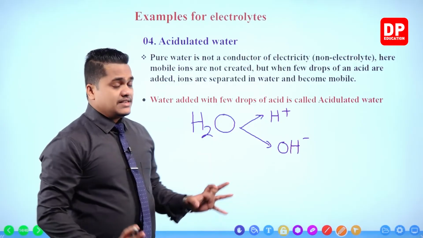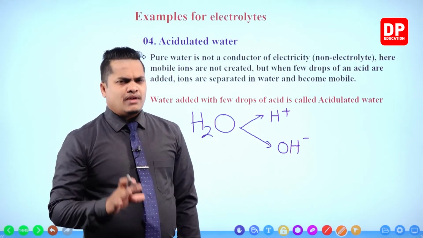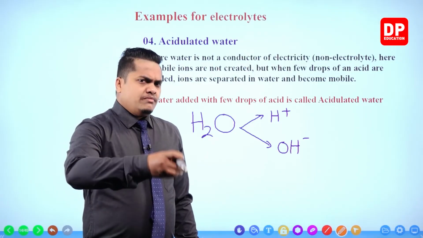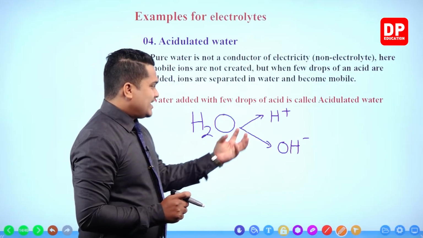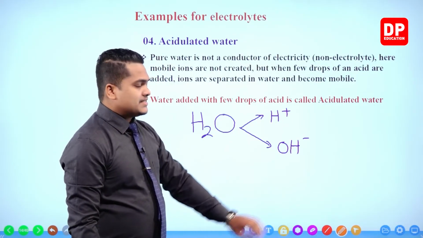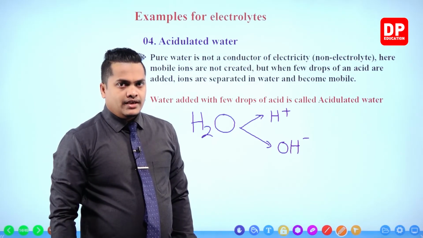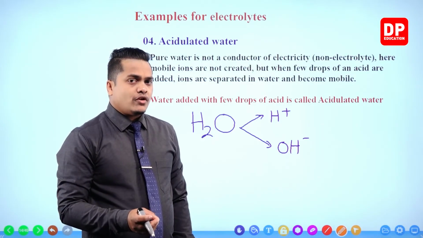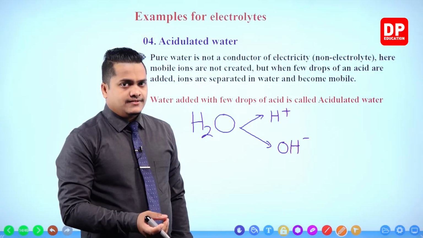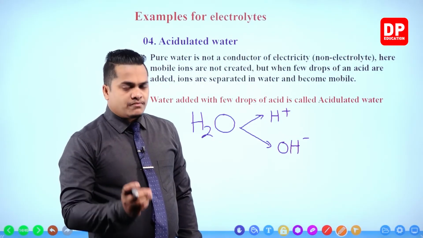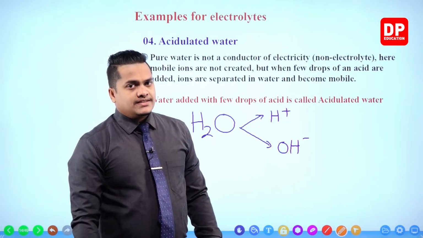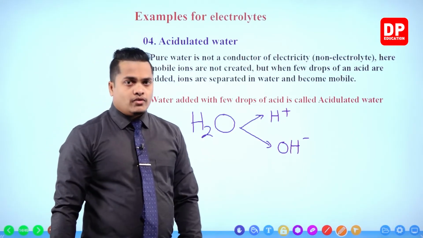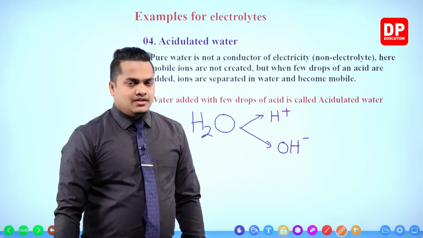So you'll be learning about these things in detail when you go to the higher grades. Up to now, just remember that when you mix several drops of acid with water, the water molecule is getting separated into hydrogen plus and hydroxide, or OH minus, right?